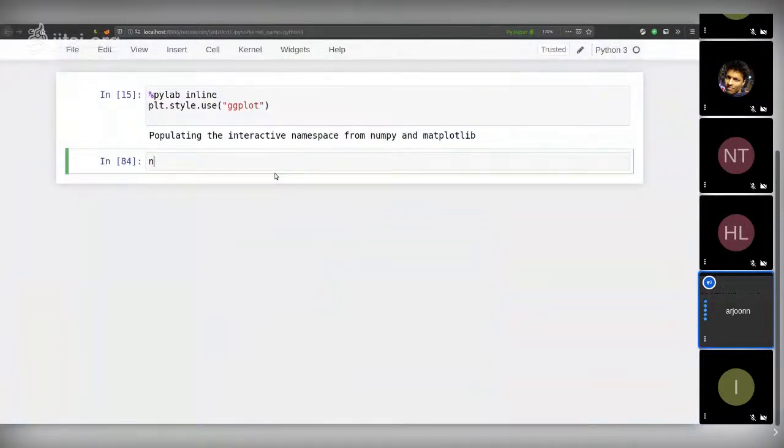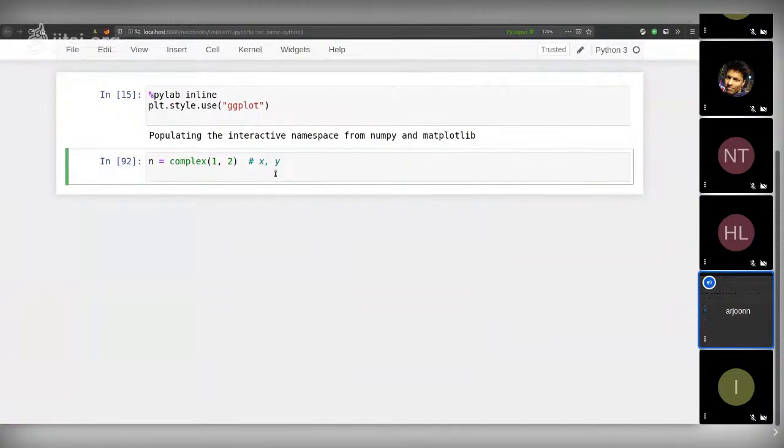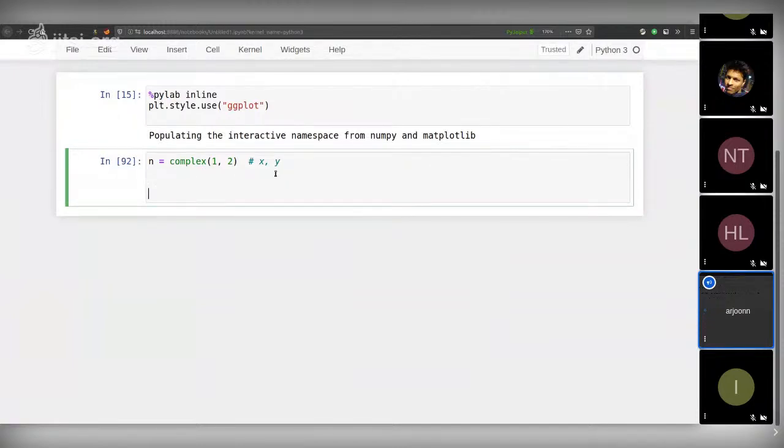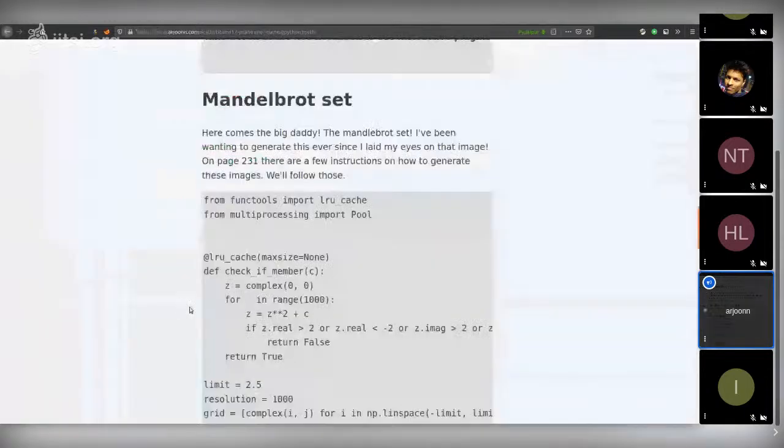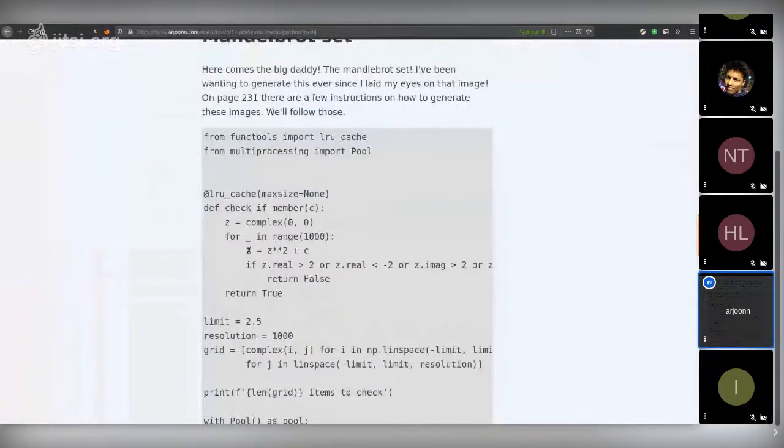Let's say you have a number n, right? It's a complex number. Complex number means we can put it on x and y. We can plot it on a plane, right? You take this number, and you compute something. That something is this thing, right?